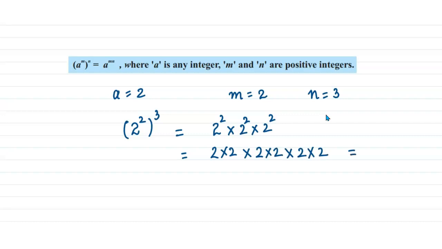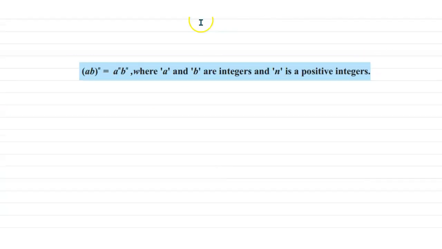Yes, I get 6 copies of 2, which is equal to 2 raised to power 6. And this is same as 2 raised to power 2 times 3. So that means whenever we have the exponents in this fashion, we have to multiply them, and this is known as the power rule. So now, let's move on to the next law of exponents.